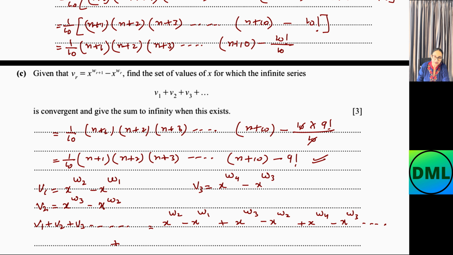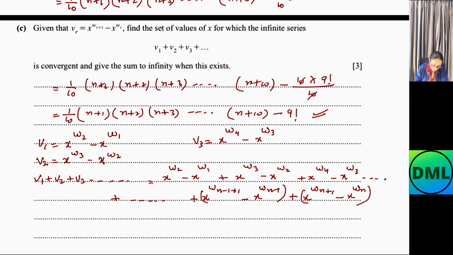If I write down till n minus 1, I will write x raised to the power Wn minus 1 plus 1 minus x raised to the power Wn minus 1, plus, if I substitute R equal to n, then x raised to the power Wn plus 1 minus x raised to the power Wn. These are all the values you will receive.